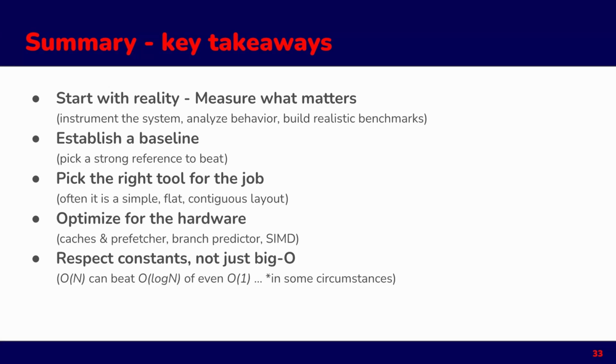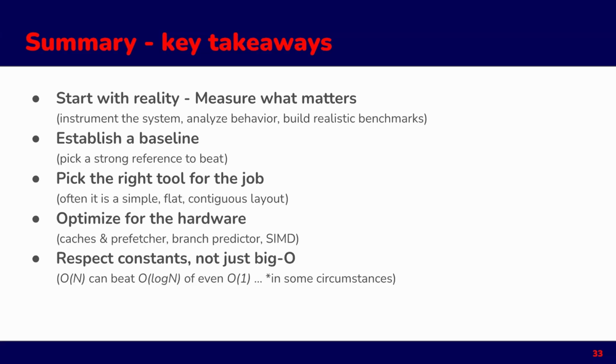And pick the right tool for the job, make predictable memory layout, very simple structures, not anything fancy, just vectors. And optimize for the hardware. Know your cache line, know your prefetcher, know your branch predictor, use SIMD where it makes sense, and measure.